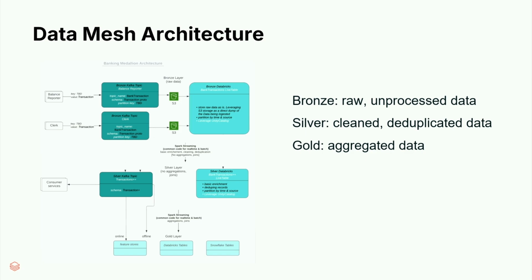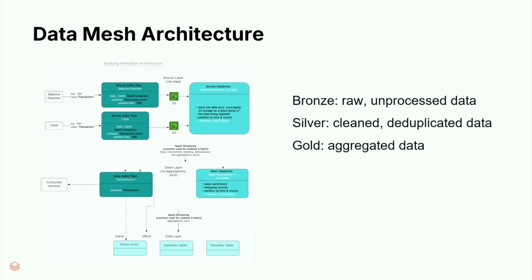Getting started here, I wanted to start with a data mesh architecture diagram. If you're not familiar, a data mesh is really a set of practices for owning, publishing, and consuming data throughout an organization. On the top left, you can see we have producer microservices publishing data to Kafka topics.